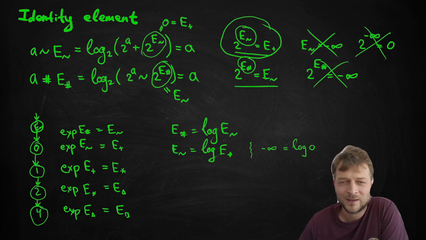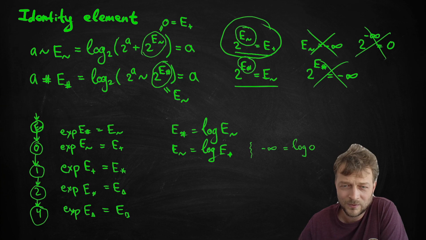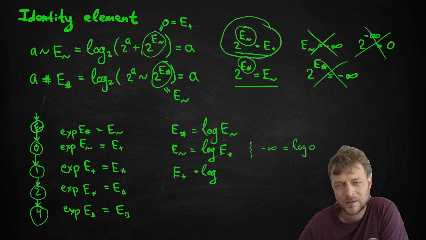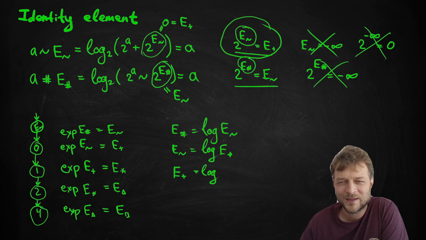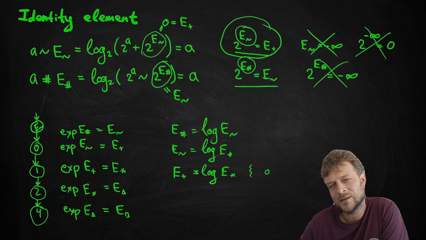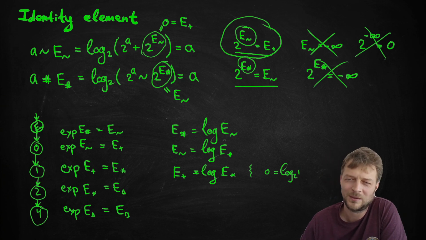Okay, but now we can go further. E plus is logarithm of E star. Think of it as 0 is the same as log 1. Base doesn't matter. That's something that we know.